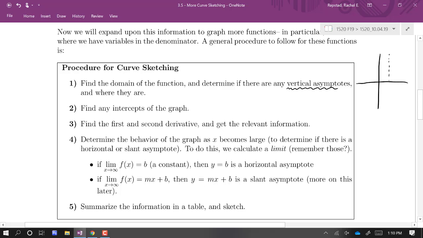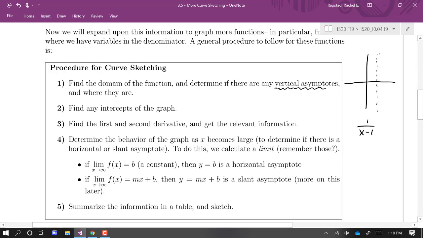I'm just going to make this up, but let's suppose I had 1 over x minus 1. There's a rational function. I've got x's in the bottom. X obviously can't equal 1. And the kind of behavior that we have around those is this sort of behavior here, where the graph either shoots upward toward infinity or downward towards negative infinity.